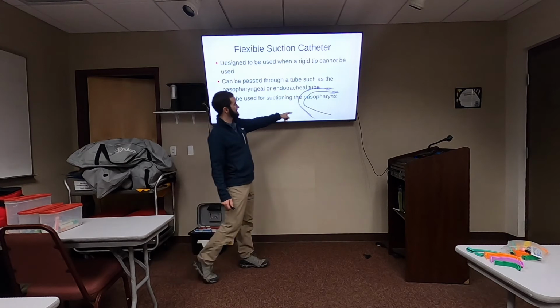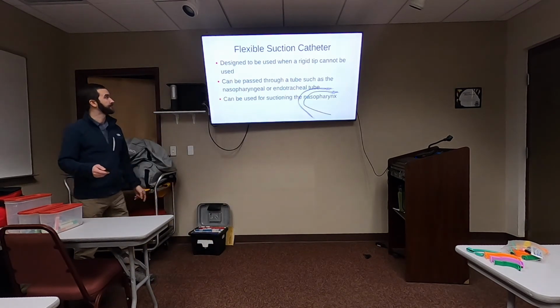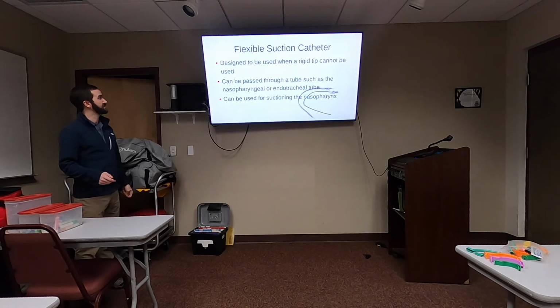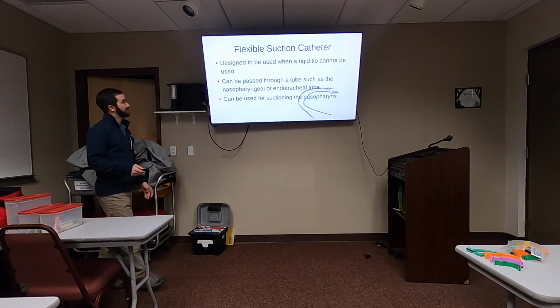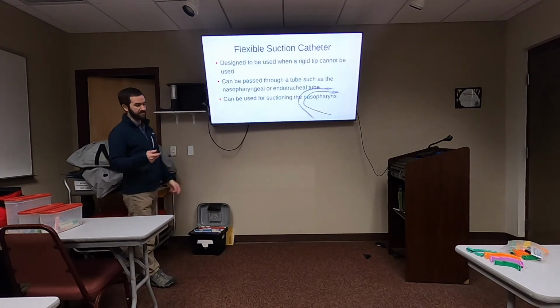Another option for your suction tip is these flexible suction catheters. Some people just call them French tip suction catheters. These are nice and skinny, and you can pass them into a nasopharyngeal tube or through an endotracheal tube.